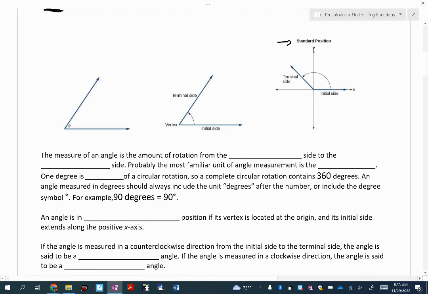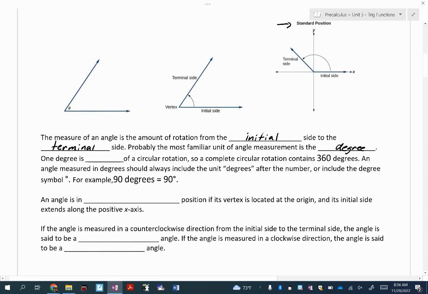Okay, so the measure of an angle is the amount of rotation from the initial side to the terminal side. So that's essentially where it stops. Okay, and the most familiar unit of angle measurement is the degree, which we will absolutely be using, as well as radians, which we'll get to in a moment.